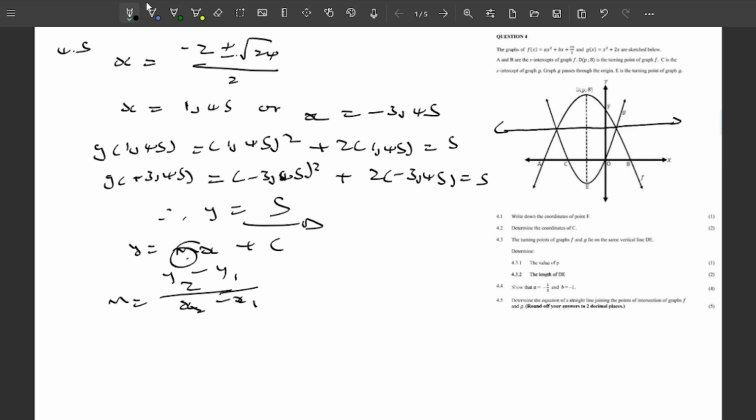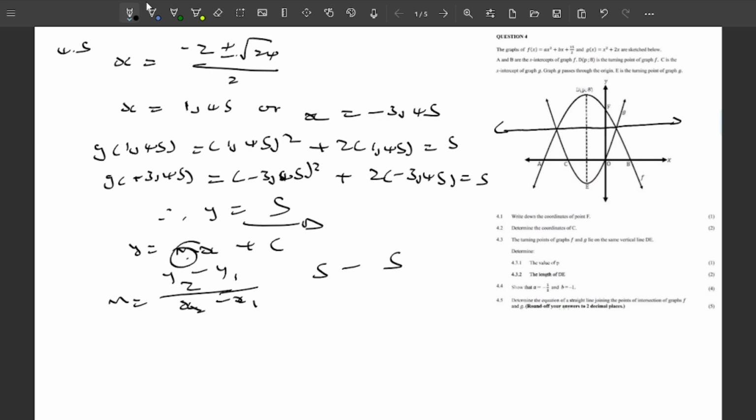If we put the y values here, it's going to be 5 minus 5, which is 0. So it gets us nowhere, honestly. So we're done with this question.